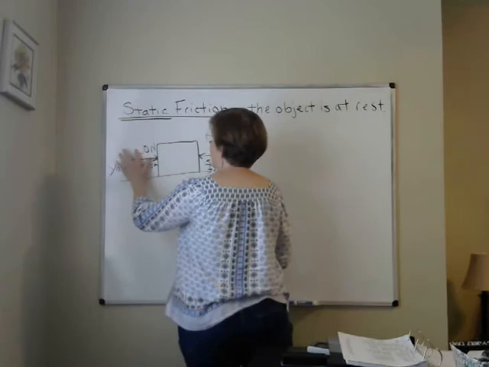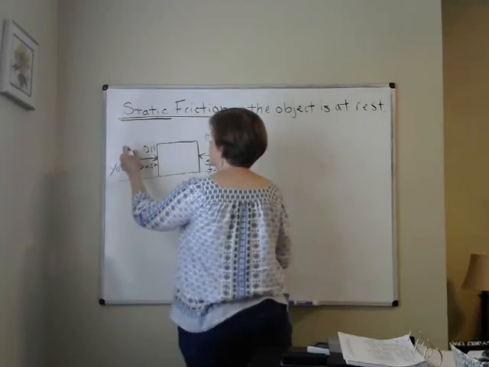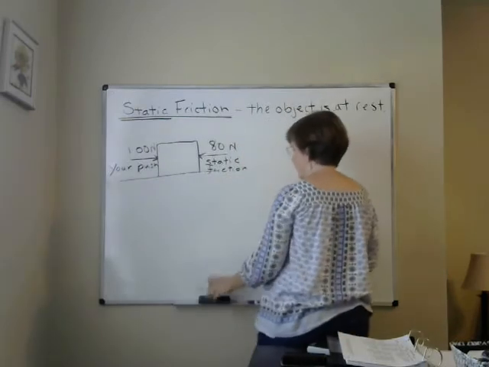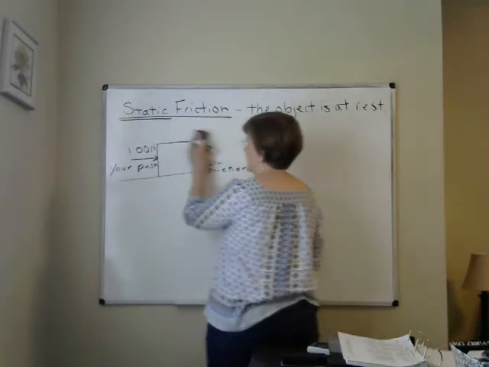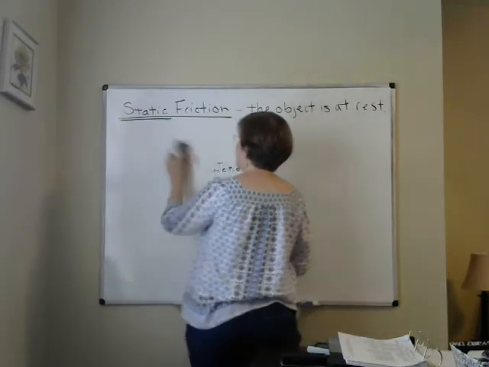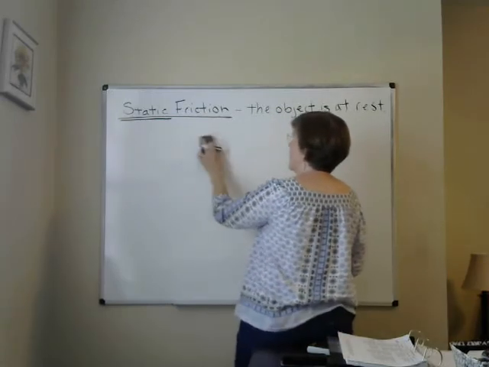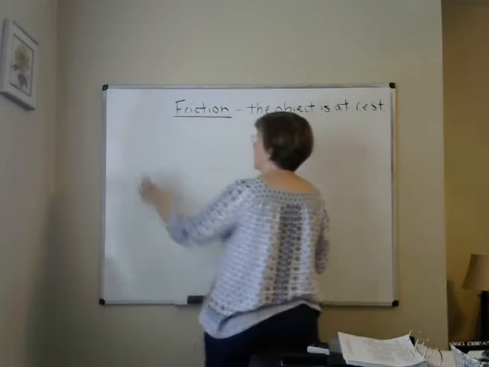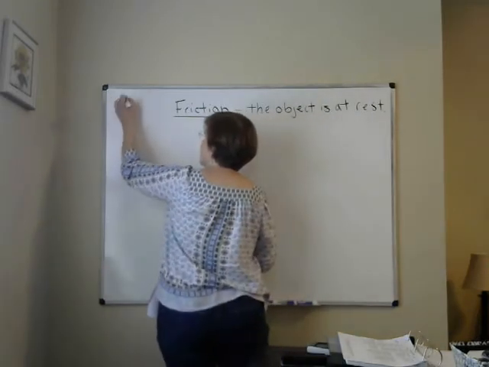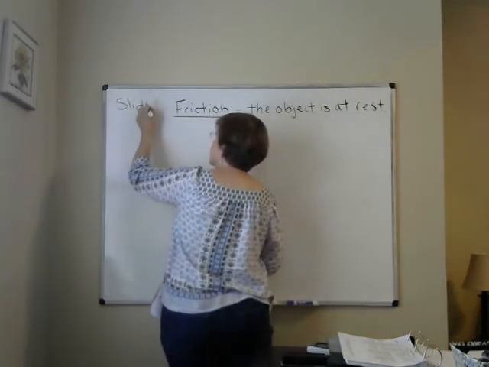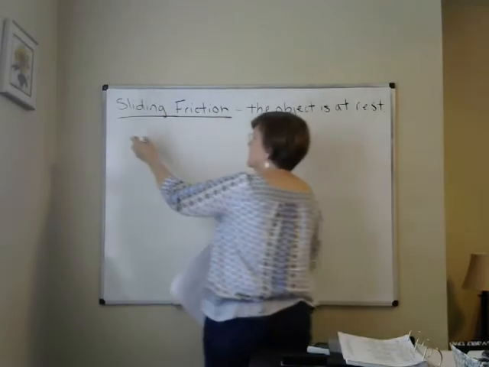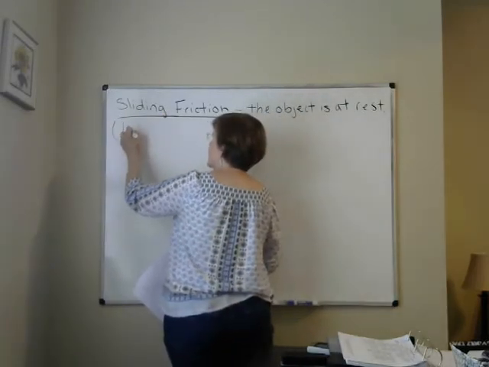You push all the way up to 100 newtons, and you notice that the object starts to move. Well, when the object starts to move, you no longer have static friction. We're looking at what we call sliding friction between two surfaces, or some books will call this kinetic.